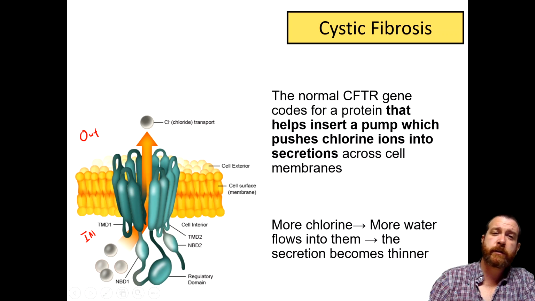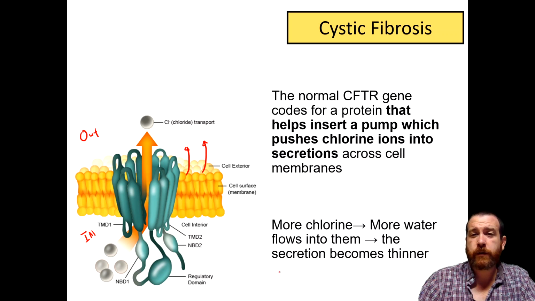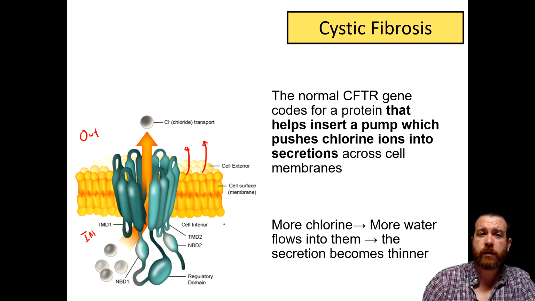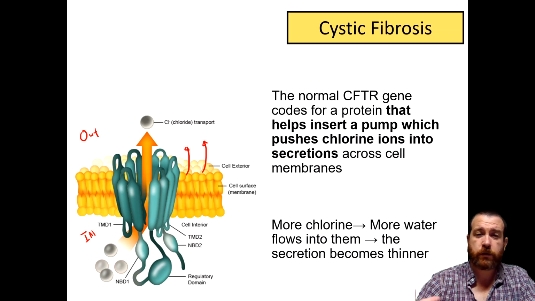You don't necessarily care about chlorine, but as you pump more and more chlorine out of these cells, what's going to follow that chlorine is water following its concentration gradient. I'm making the area outside of the cell saltier. Where does water want to be? Water wants to be in a salty area to try and balance out the concentration gradients.